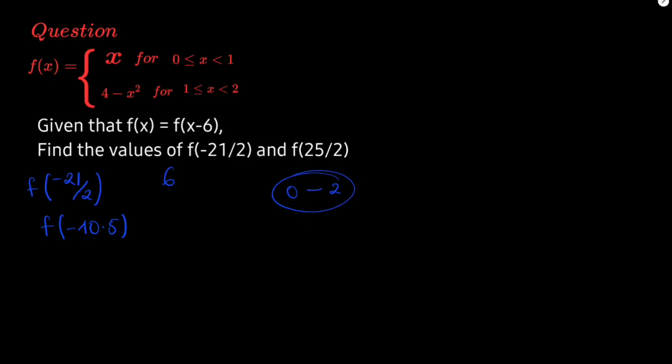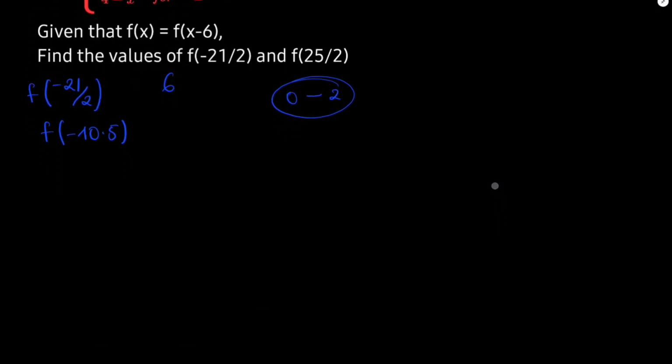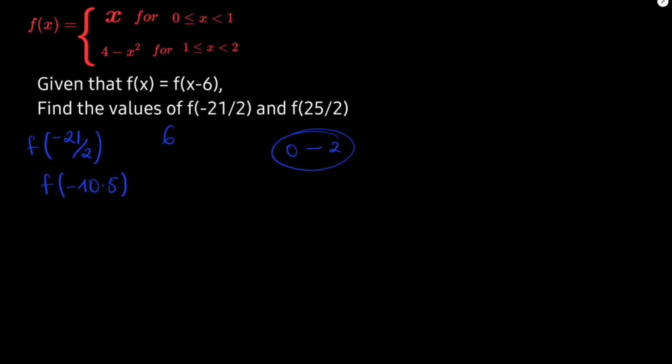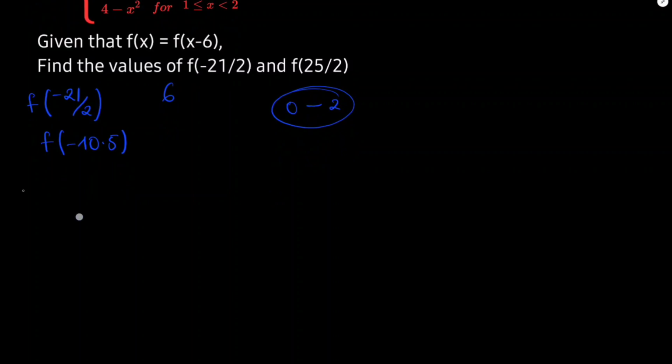To find that number, we will add 6 to minus 10.5 until we have a number which is in the range from 0 to 2. If minus 10.5 was in the range, then we would substitute it directly, but it is not, so we are going to add 6. We are adding 6 because it is a negative number. If it were a positive number, then we would subtract 6.